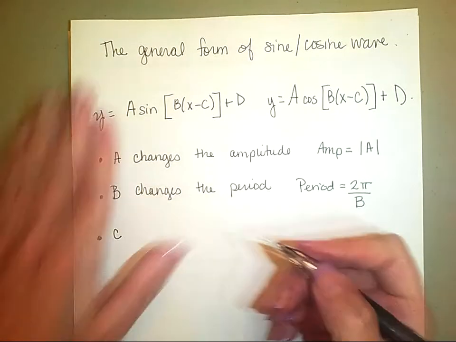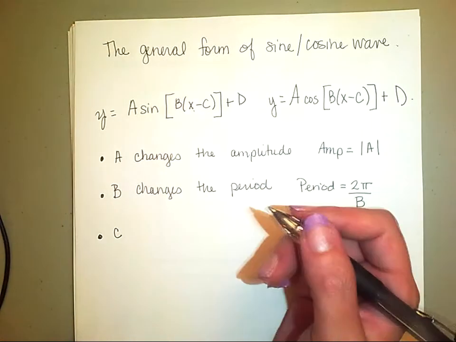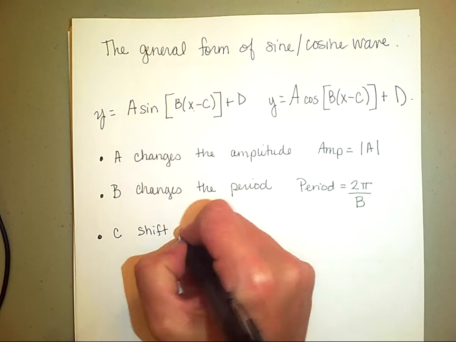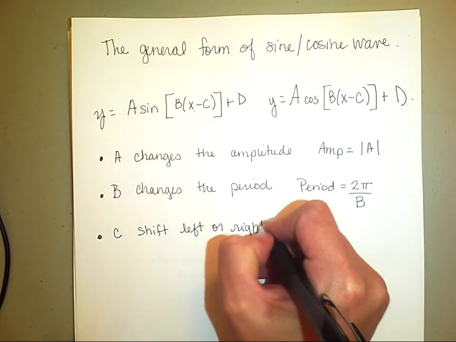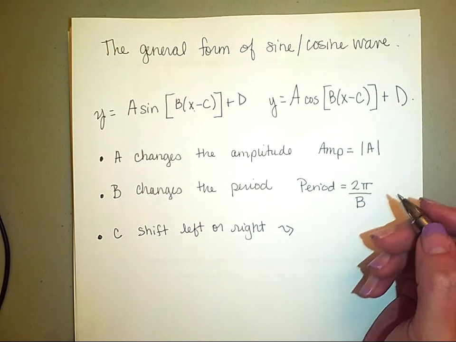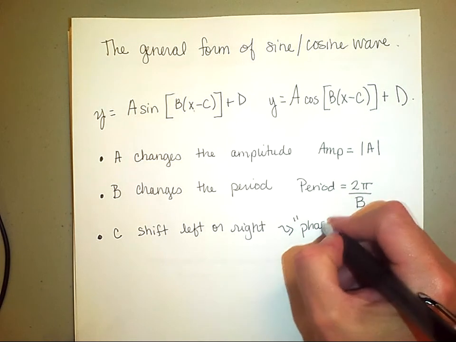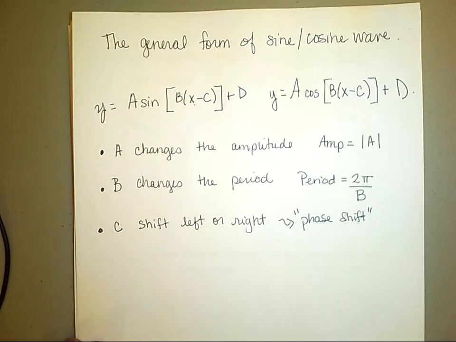The rest we know. Anytime we take x and we subtract anything off it, that's going to shift the graph left or right. And that moves us, in this case, C is called a phase shift. So that's new terminology to this.